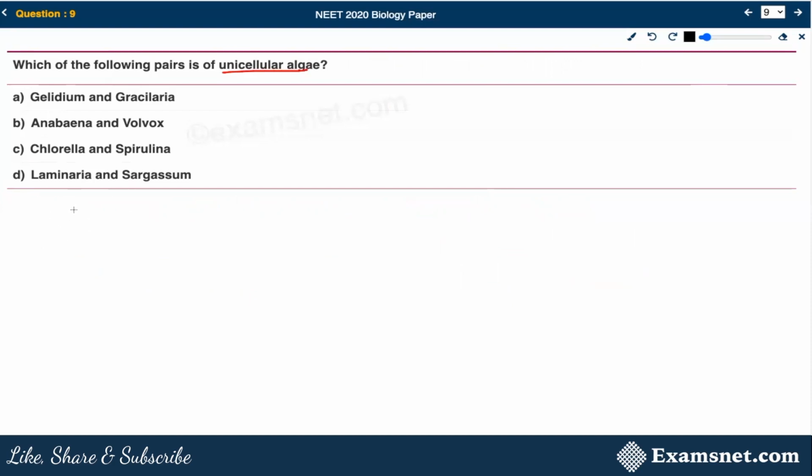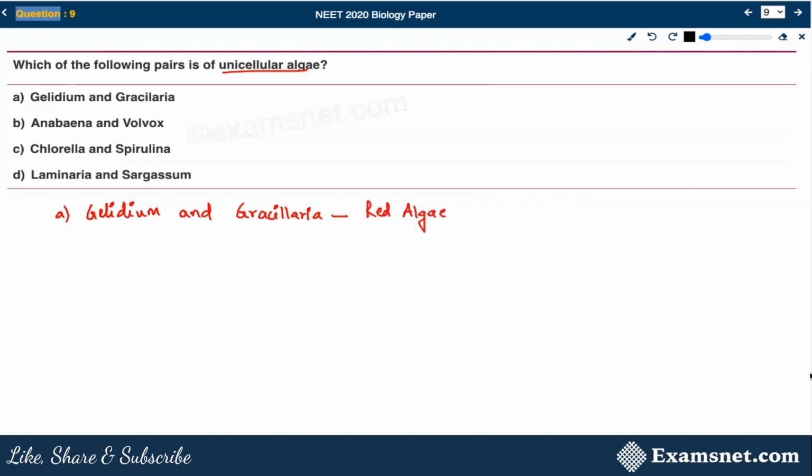So in case of Gelidium and Gracilaria, now let me tell you that they are the category of red algae.